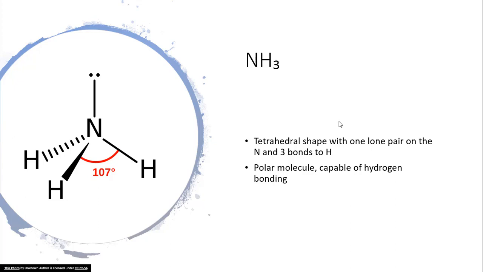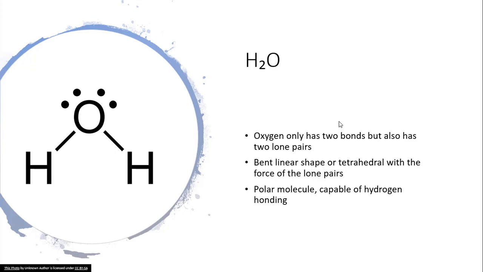And since it experiences this, the polar molecule is also capable of hydrogen bonding because of the lone pair on the nitrogen and the hydrogens that are slightly more positively charged and the nitrogen slightly more negatively charged.